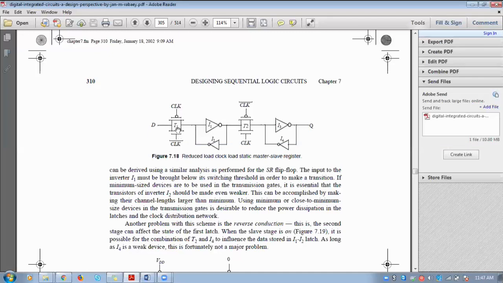So your transmission gate T1 will be in on condition and T2 will be in off condition. So when T1 is on, T1 is going to sample the D value, and the D value will be inside this master. So now T1 will be in transparent mode, and T2 will be in hold mode. As the slave is in hold mode, master is in transparent mode.